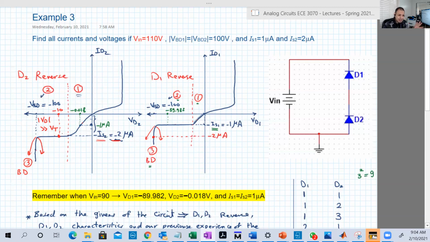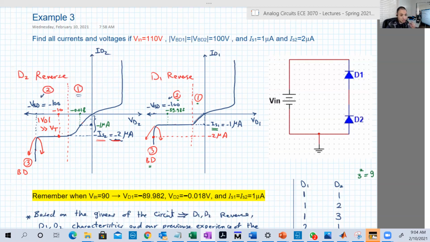So maybe 10 divided by 0.018 is around 500, maybe more than 500. So VD2 is more than 500 times VT, which is for sure, when you do the exponential, it will be minus 1. It will be an extremely small number, 10 to the power minus 20 or 30 or 40, something like this, which is 0.